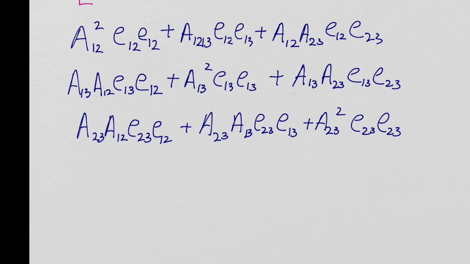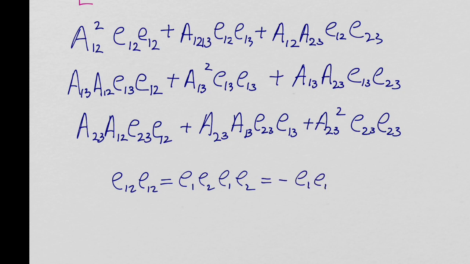If I just start at the beginning, I know that e12 squared is actually e1 e2 e1 e2, so it's simple notation. But that equals the opposite of e1 e1 e2 e2, because these are orthogonal, so I can anti-commute orthogonal vectors in a geometric product.